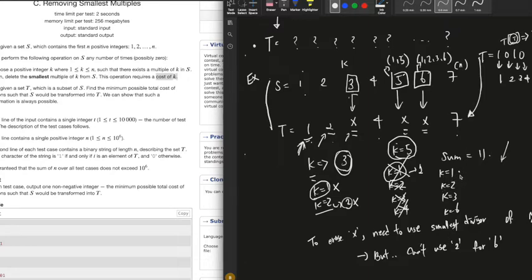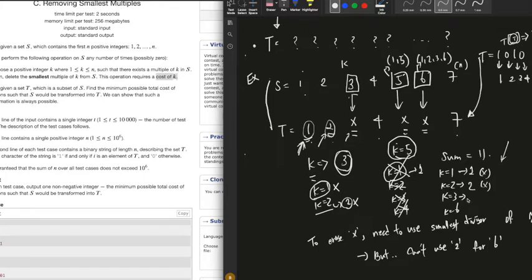The smallest multiple of 1 will be 1, and since we have 1 in T, we cannot use it. And the smallest multiple of 2 will be 2, and because we have 2, we cannot use it.